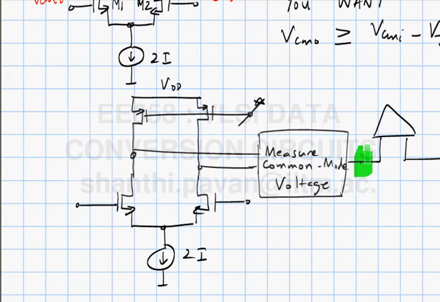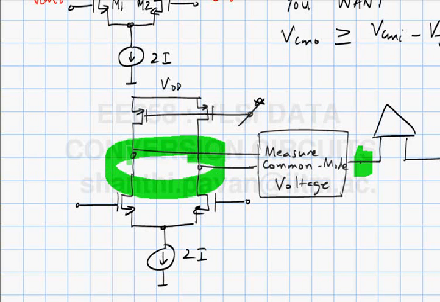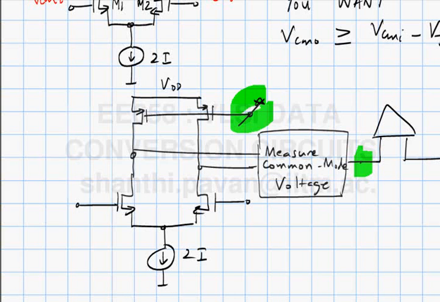If this voltage is going up, it basically means that the common mode current pushing into that node is too high and it has to be reduced. So, if the current is too high, what will you do to reduce it? I must increase the potential at the gate. In other words, if this goes up, this must also go up.